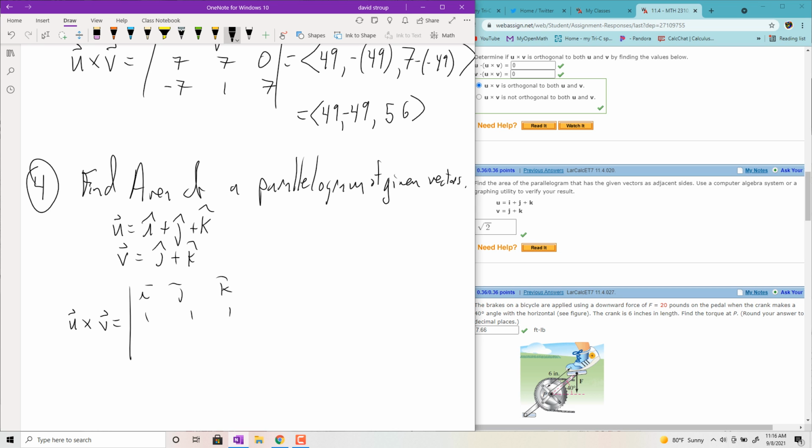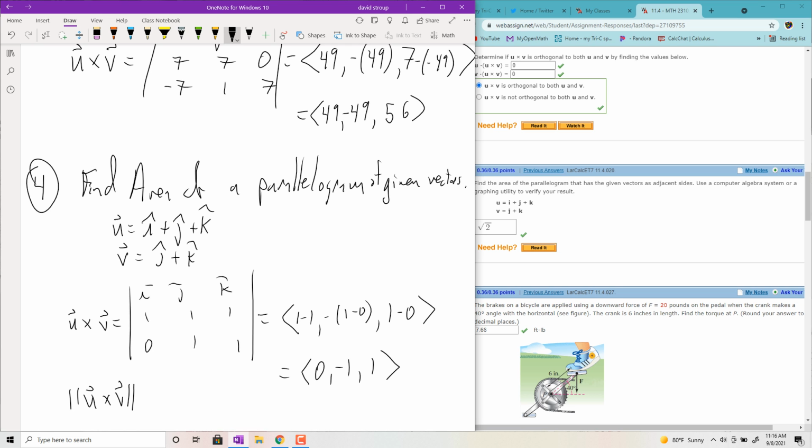This will be 1 minus 1, and then negative 1 minus 0, and then 1 minus 0 again. So this will be 0, negative 1, 1. And then the magnitude, which gives the area, will be the square root of 0 squared plus negative 1 squared is 1, plus 1 squared is 1, square root 2 is the area.